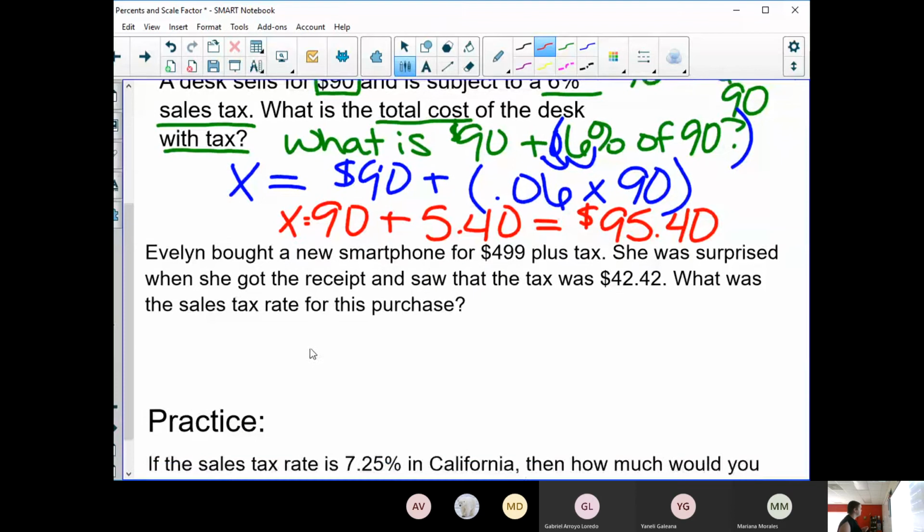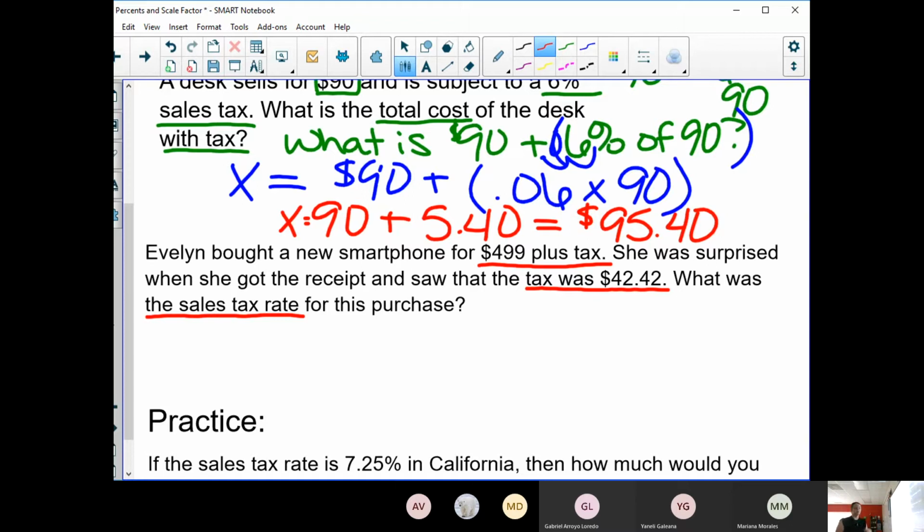All right, let's do another example. Evelyn bought a new smartphone for $499 plus tax. She was surprised when she got the receipt and saw the tax was $42.42. What was the sales tax rate? So in this question, what are we looking for?